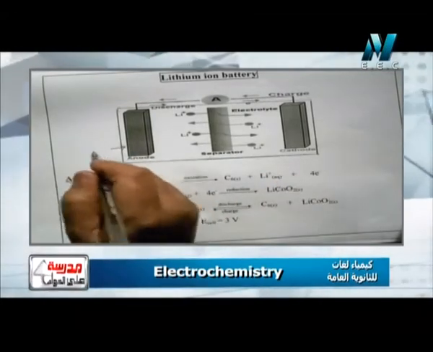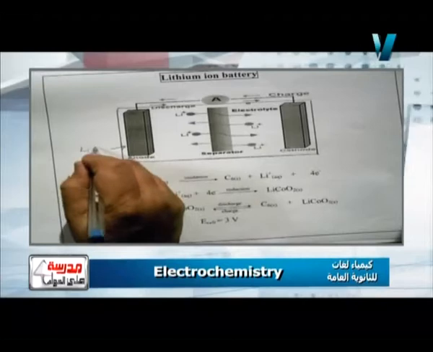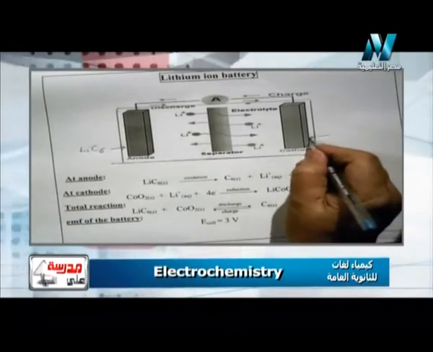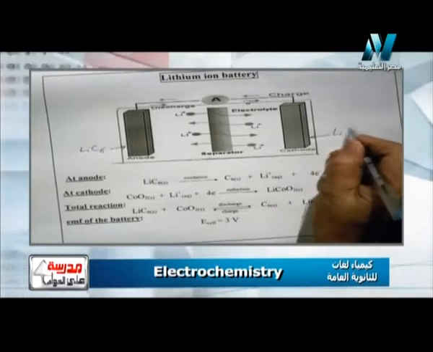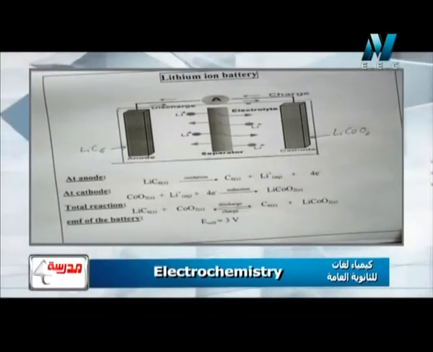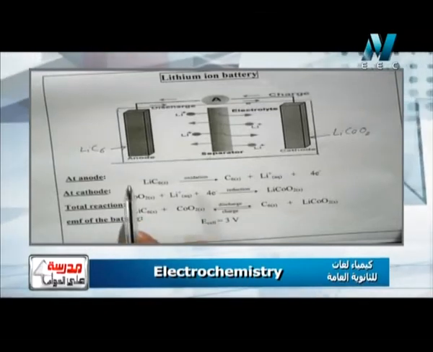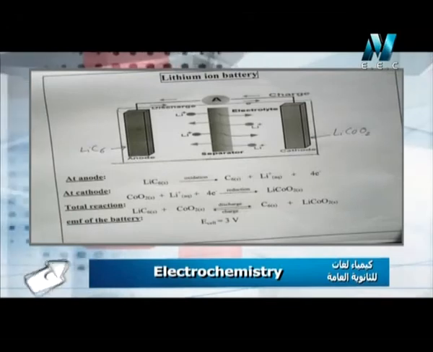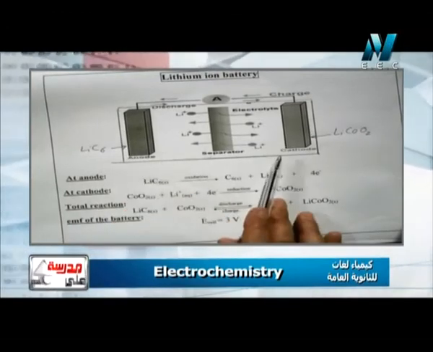The anode will be LiC6, for example, and the cathode will be LiCoO2, lithium cobalt oxide. What happens at the anode and what happens at the cathode? Take care, the lithium is transferred between the anode and the cathode.